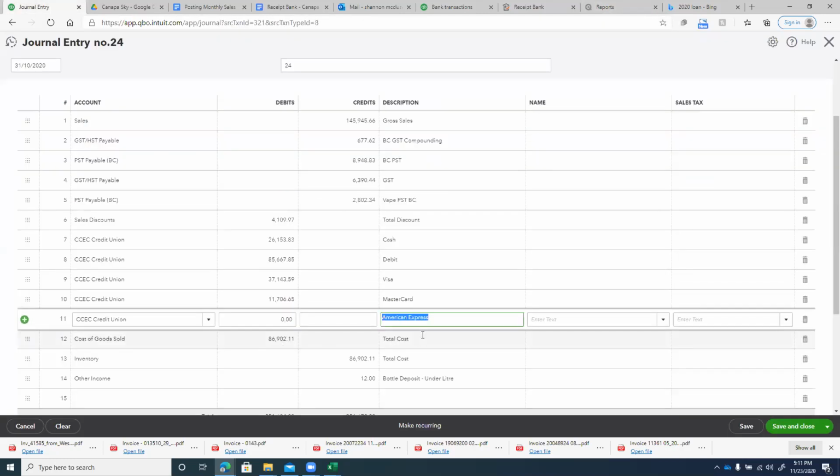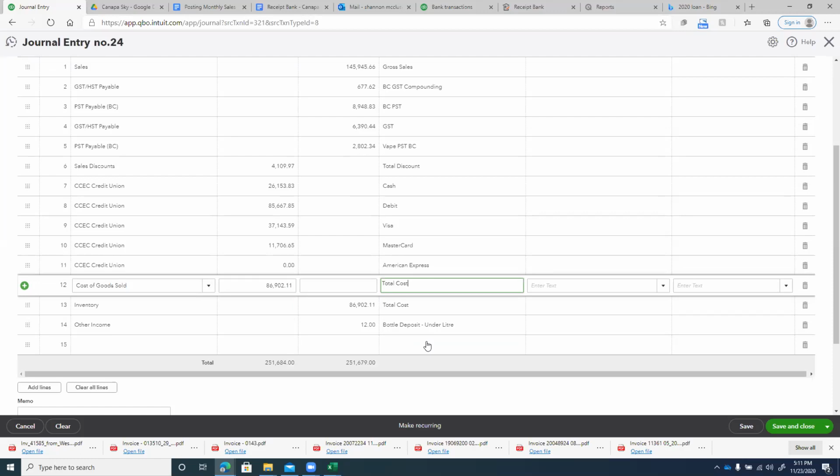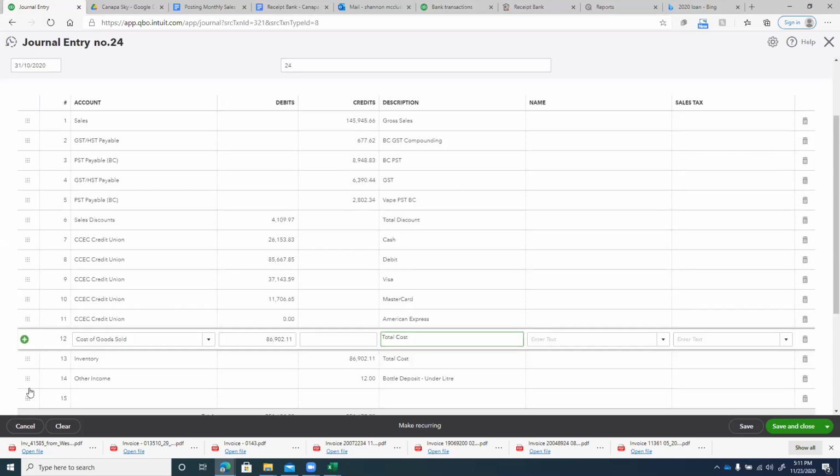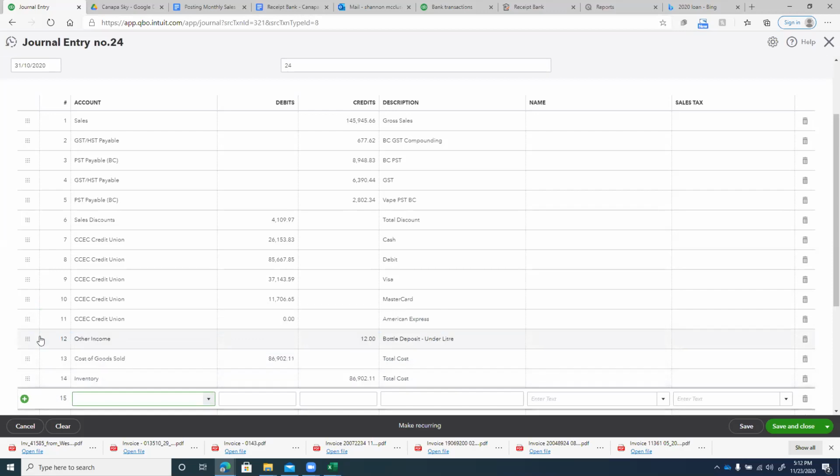And then cost of goods sold. I'm going to move this up here. Okay, bottle deposit.